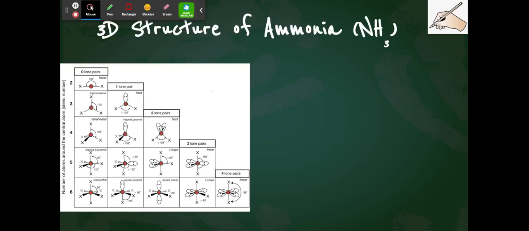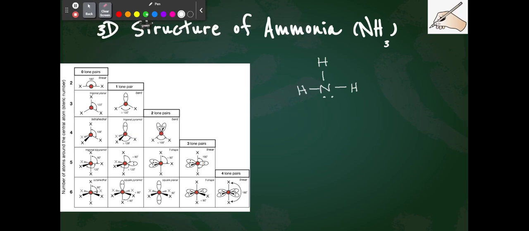Now let's talk about how we might draw the 3D version of the Lewis dot structure we just created. So I'm going to redraw this on screen. Now the key is we're going to use this diagram to count the lone pairs and the number of atoms coming off the central atom to determine its 3D structure.